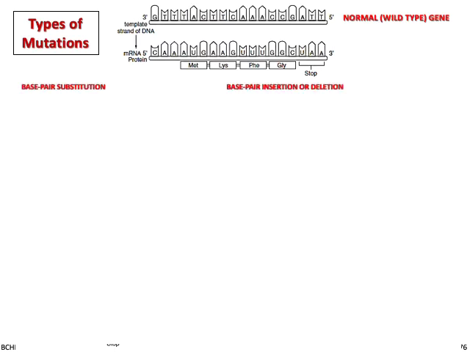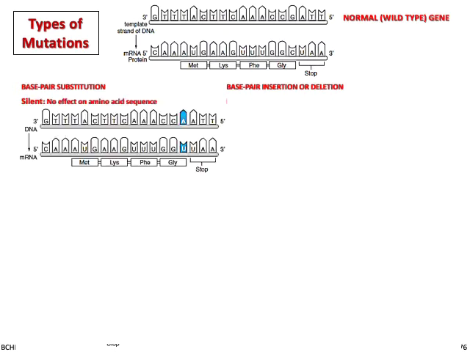There are generally two types of mutation, either base pair substitution, or base pair insertion or deletion. You will see that there is a silent mutation in which the nucleotide A is mutated from the original, because originally it was G if you look at the wild type.